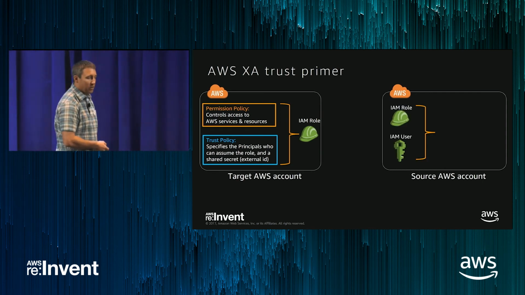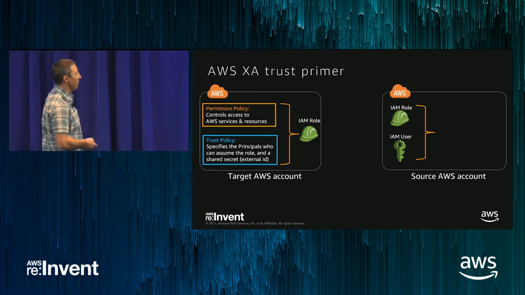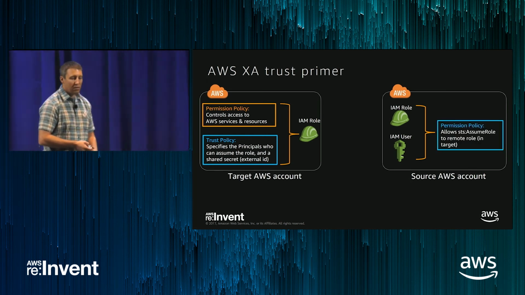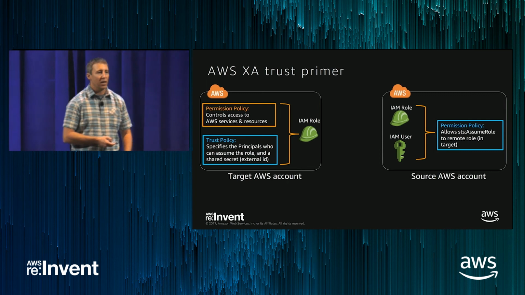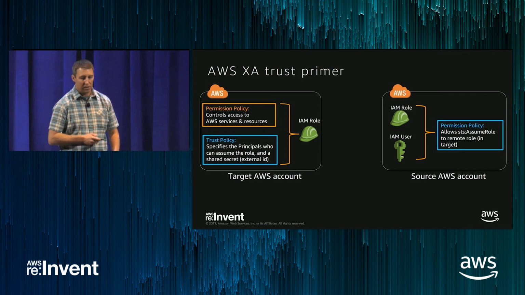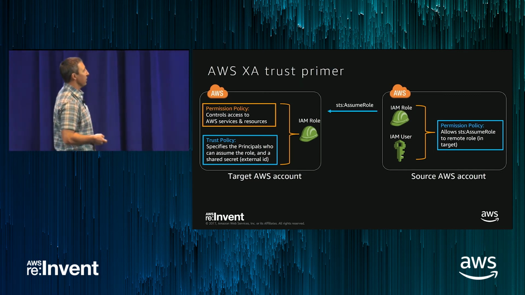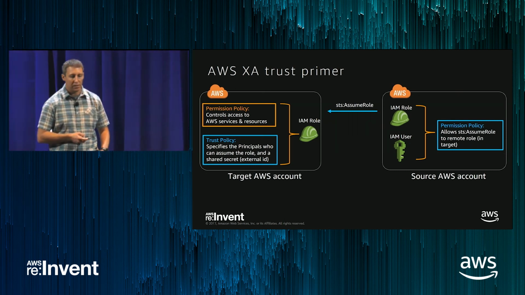In the source account, we've got either a long-lived or a short-lived AWS source credential. And here, the permission policy is essentially going to say that this AWS principal is able to assume the role in that remote account. So that's the trust, right? The trust policy on one side, the permission policy on the other.